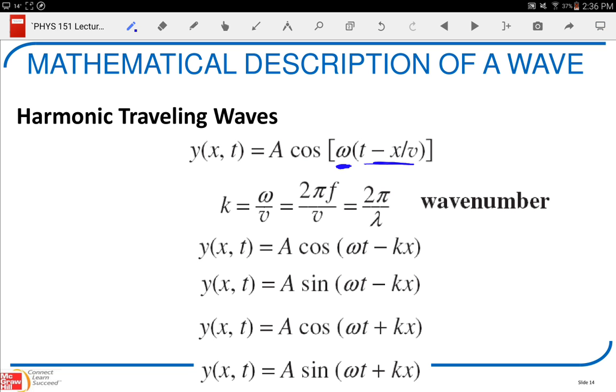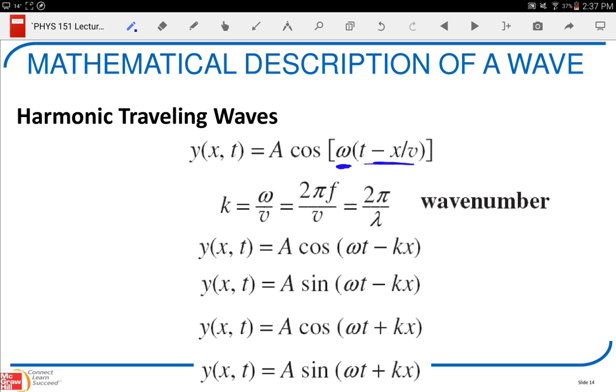As time changes, if x stays constant, then that's going to be a cosine omega t with a constant, plus a phase angle. If time stays constant and x is allowed to change, then it's cosine of minus x omega over v plus a constant.